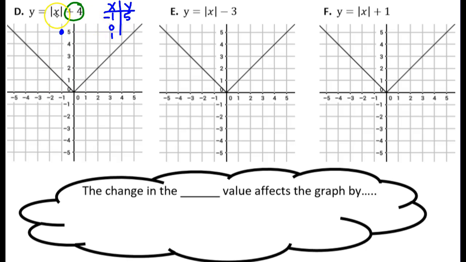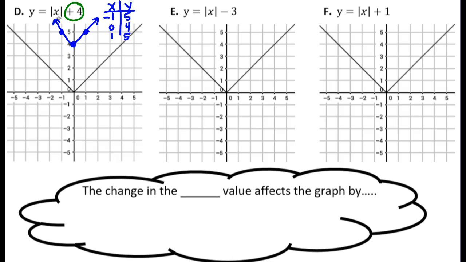When I put in 0, absolute value of 0 is 0. 0 plus 4 is 4, so 0, 4. When I put in 1, absolute value of 1 is 1. 1 plus 4 is 5. So notice this graph is shifted up 4 units.